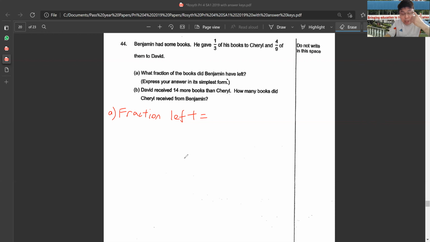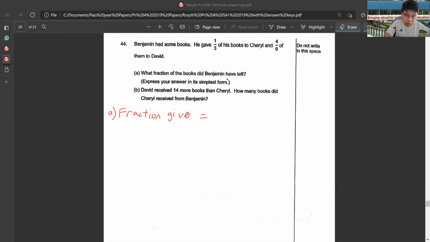Fraction that is left. 1/3 plus 4/9 is the fraction that's given. We find the fraction given first.